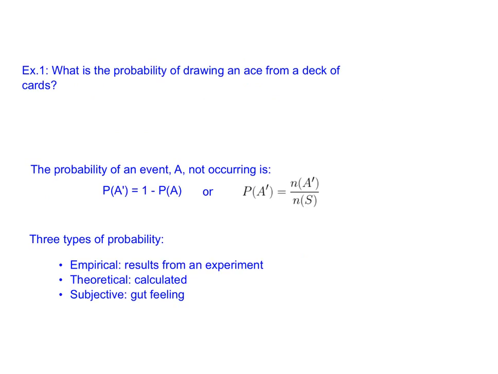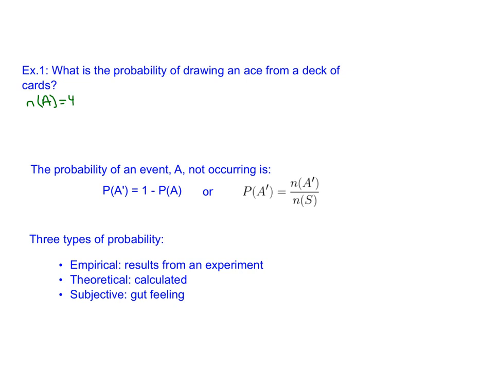All right, let's look now at some examples. In this example, we want to find the probability of drawing an ace from a deck of cards. A deck of cards has 4 aces, so the number of desired outcomes is 4.